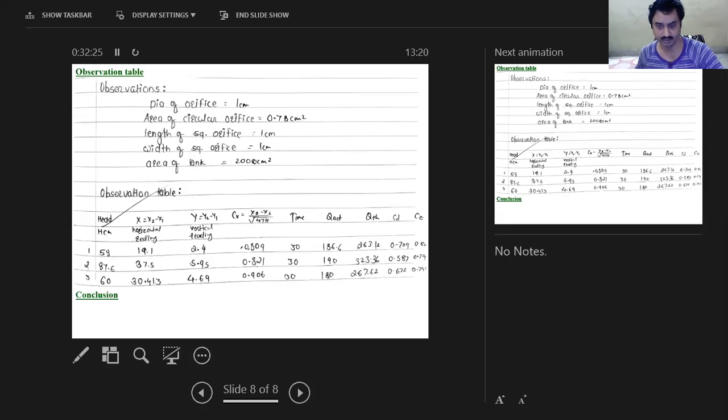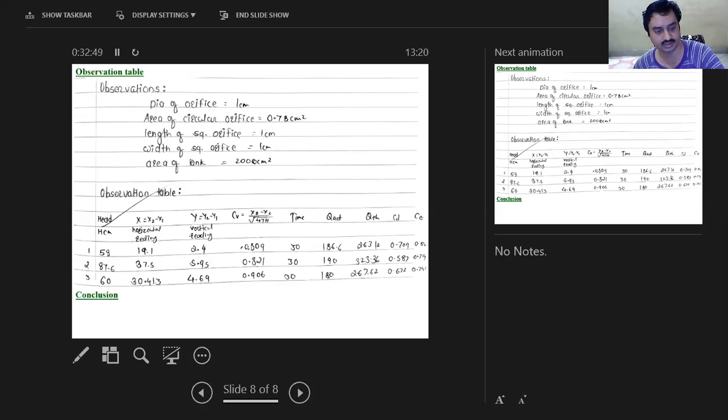Then here you could see the data, the observation table. I was talking about the parameters which we will be taking. You can see 1, 2, 3 indicate 3 different discharges. For that, this H indicates the height of the water in the tank in which your orifice has been installed.